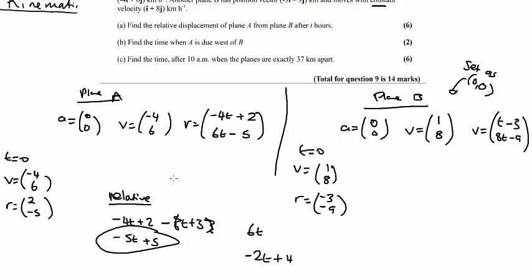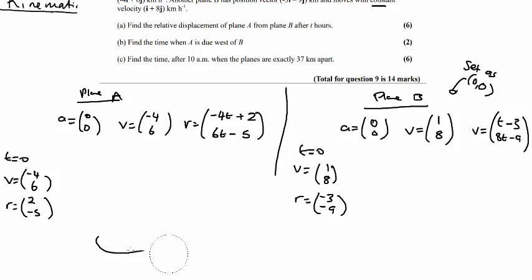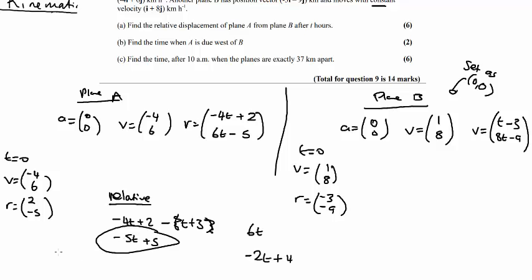Okay, so hopefully the relative r, oh, I dropped it out, didn't I? Minus 5t plus 5 minus 2t plus 4.